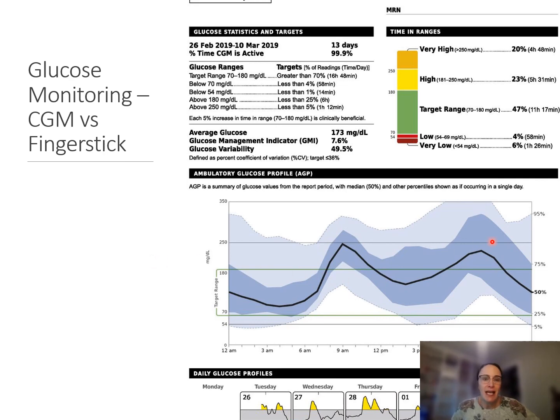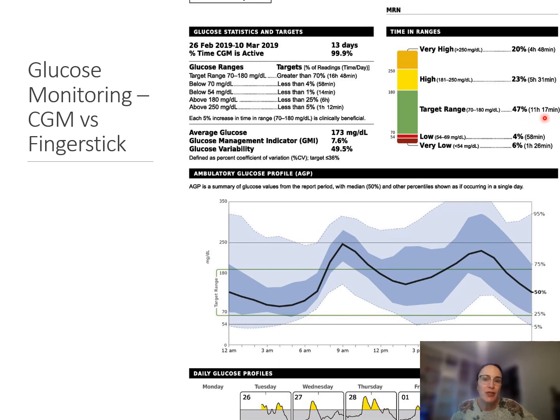This is another CGM report. And I think what's really important here, you can see it says the target range is 47%. What we aim for in most of our diabetics is that they are in target, which is typically 70 to 180, at least 70% of the time with less than 3% hypoglycemia.